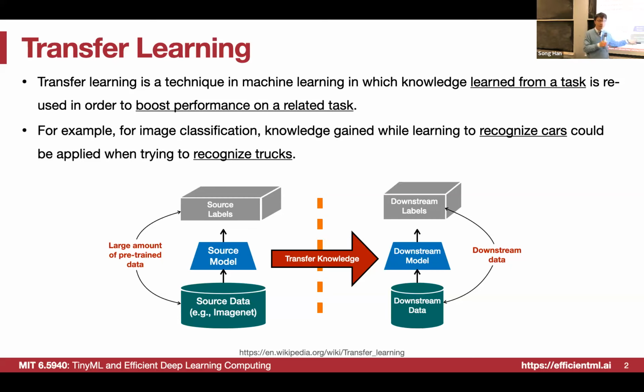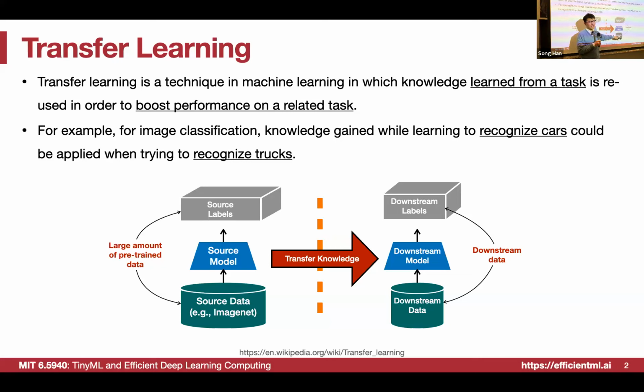Say previously the model is trained on the ImageNet data, 1,000 classes, 1.2 million images, and then produced a source model, okay, and then can produce the label on the source data set. So we want to transfer the knowledge by reusing the model and fine-tune on top of it.